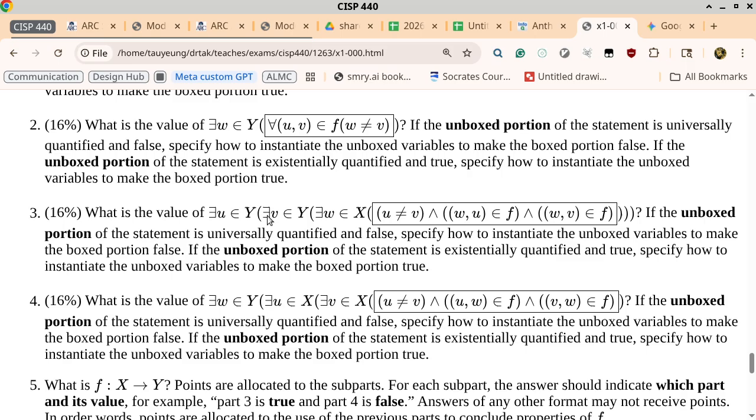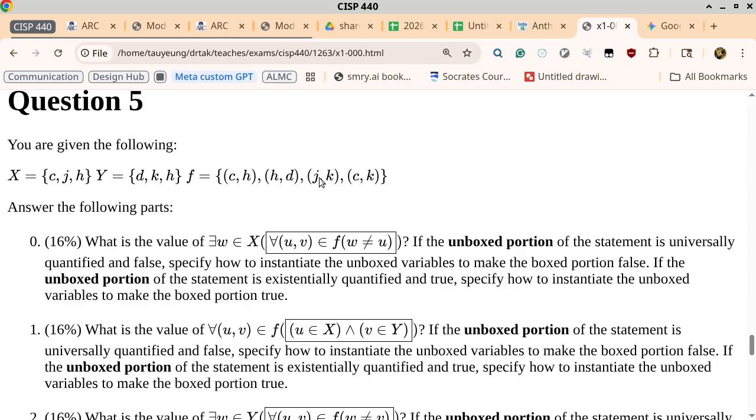So we are looking at two different elements from y, which is quote unquote the codomain, and wu is in F. So I can find something in X, the domain, mapping to U, and I can also find something that maps to V. That means one thing in the domain is mapping to two different things in the codomain, and it is true in this case because C maps to H, C also maps to K. So it's true in this case.